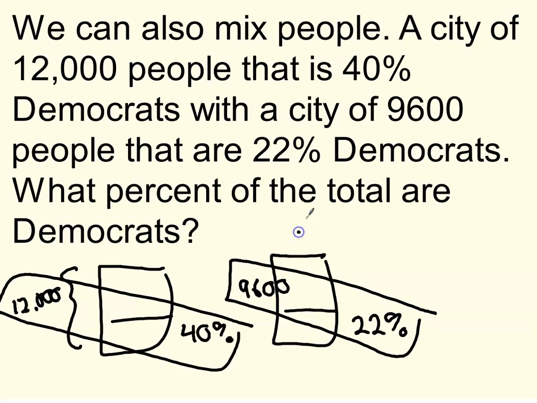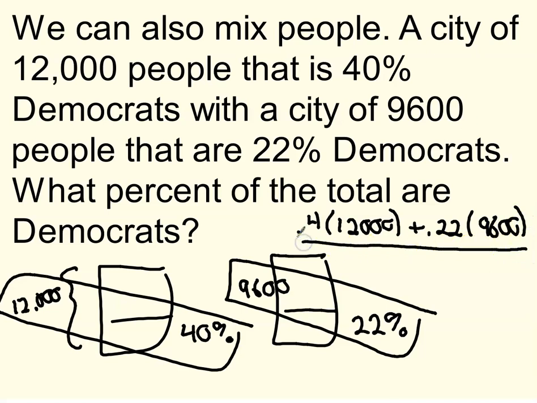So we could actually just write this out. We could say, well, 0.4 times 12,000 plus 0.22 times 9,600. And then divide that by the total number of people, which is going to be 21,600.